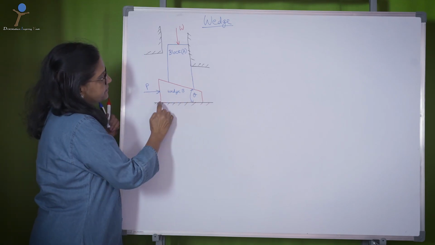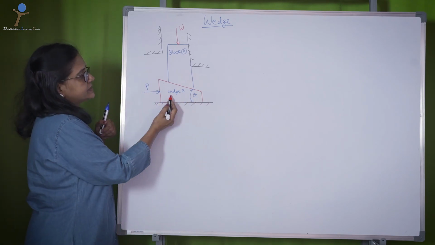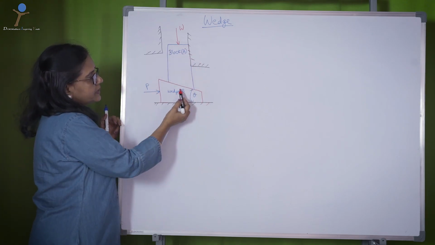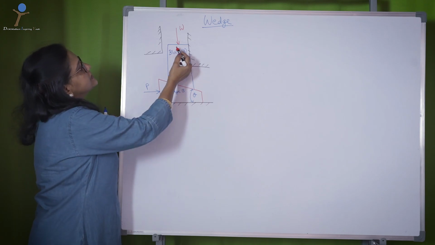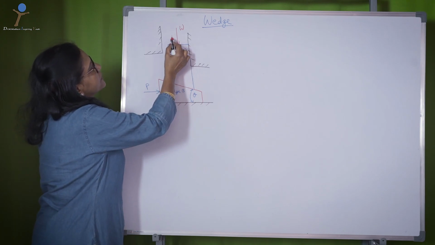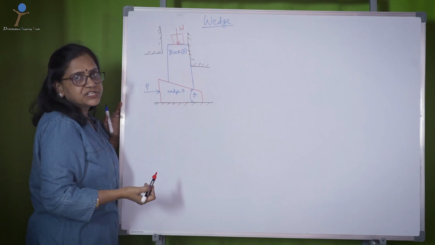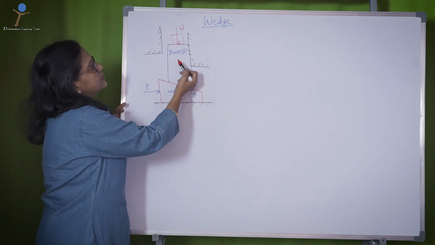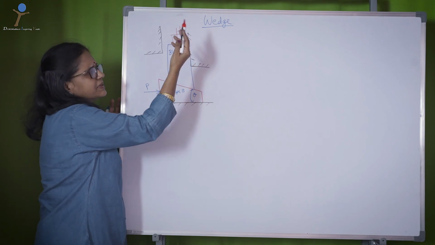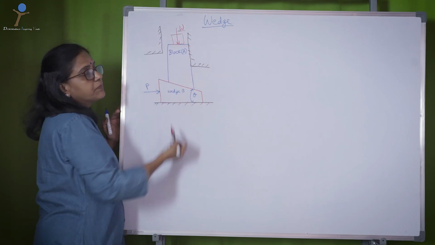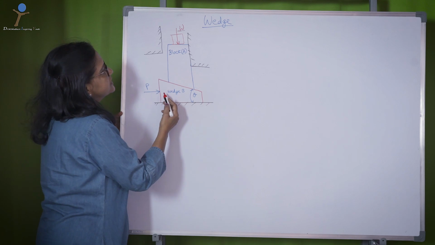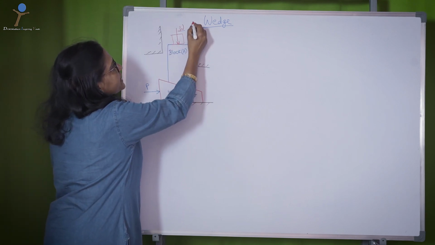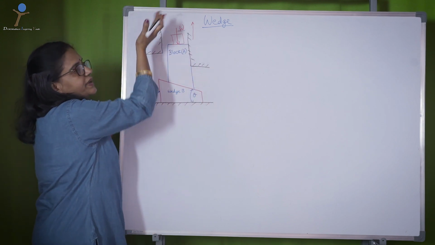This trapezoidal geometry is a wedge, and this is a block placed on the wedge, and suppose there is some weight W, which can be a machine or something very heavy, with some tons of weight, kept on the block. Now the objective is to move this weight in upward direction, that means to raise the weight.